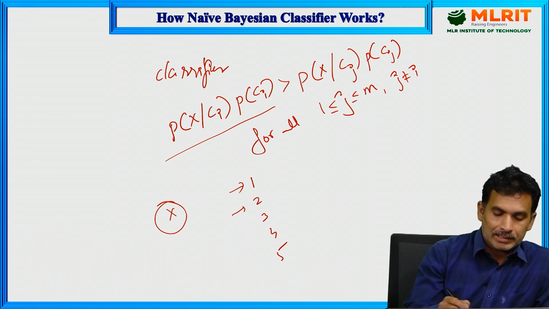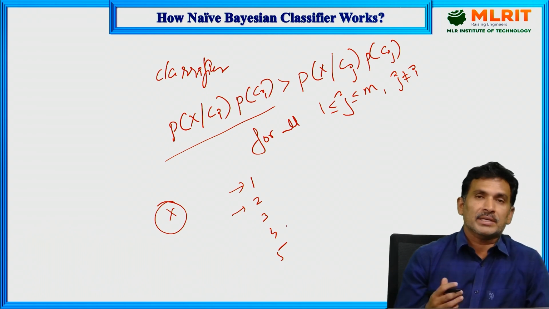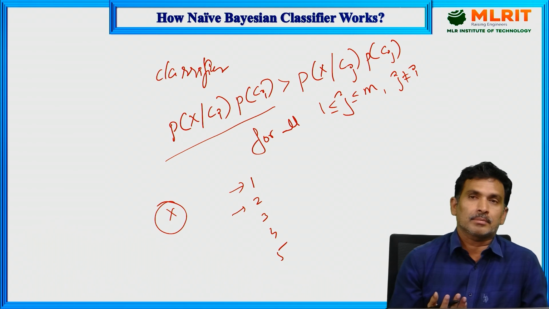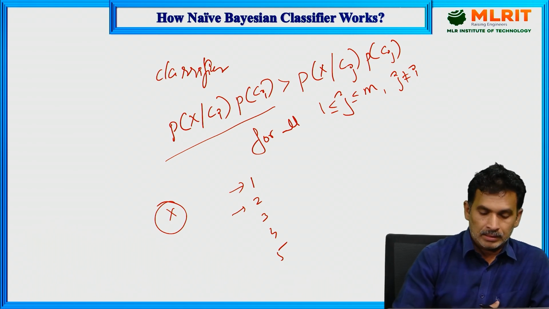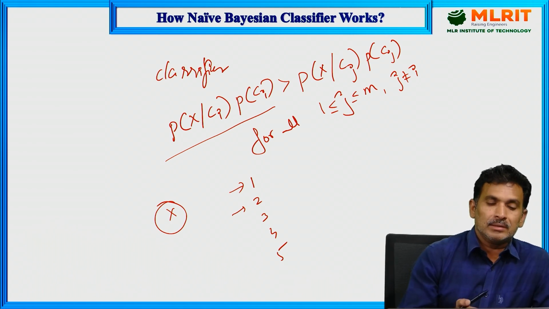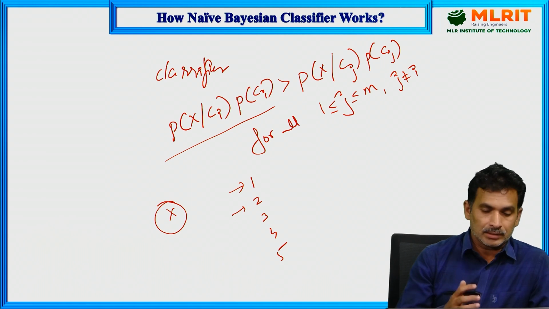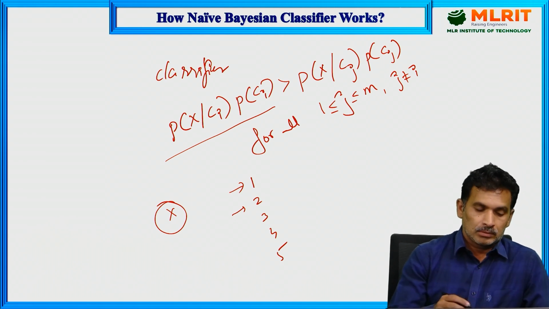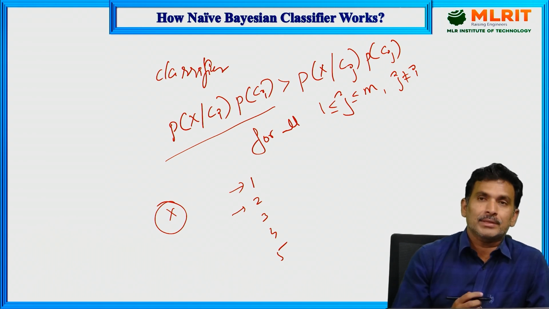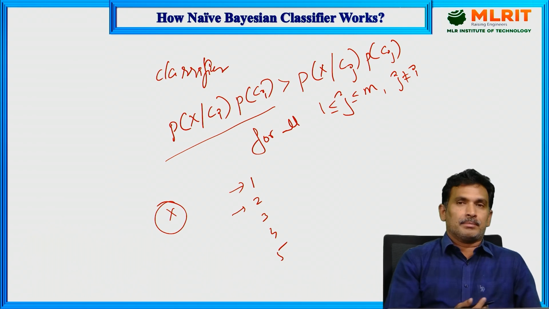So we will calculate, and among these, which is the maximum posterior probability, that would be predicted by the naive Bayes classifier. So that is the major objective. It has to predict the class label with the maximum probability.